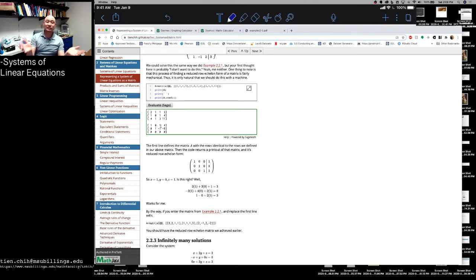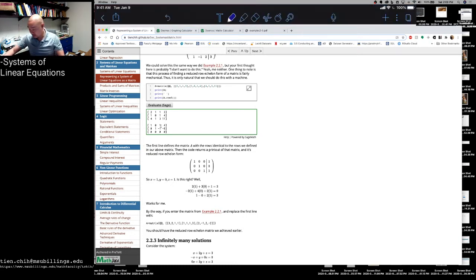Now, just because we have infinitely many solutions doesn't mean that we know absolutely nothing about what's going on here. We know that these three planes do intersect at a line, and we should be able to then give some sort of description of what that line might look like.